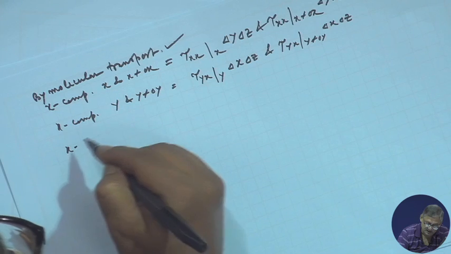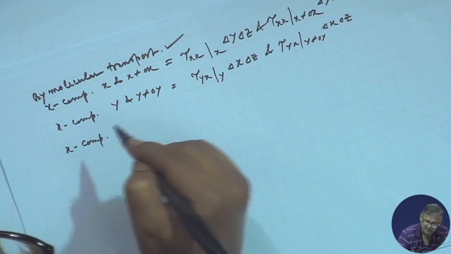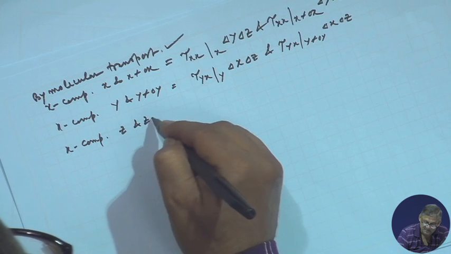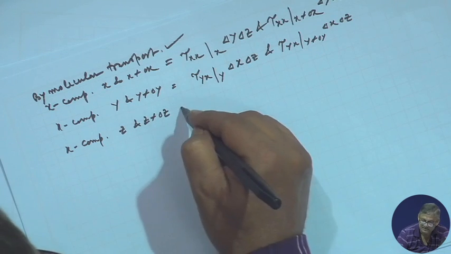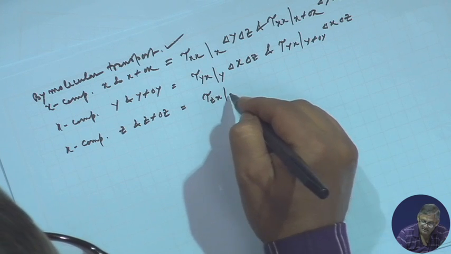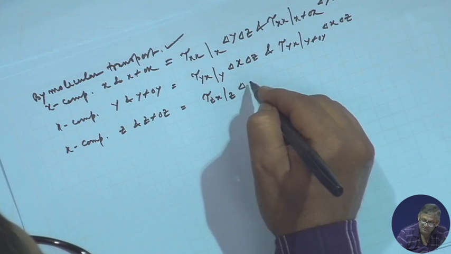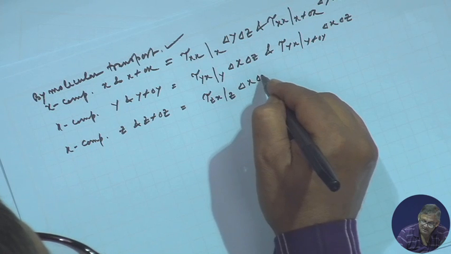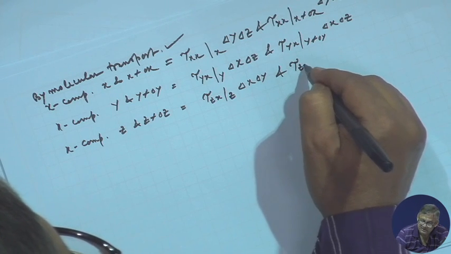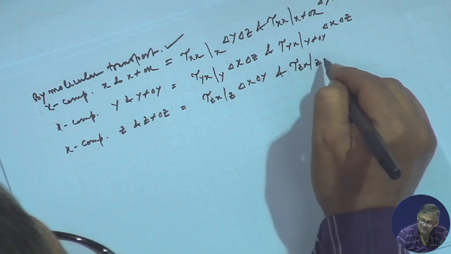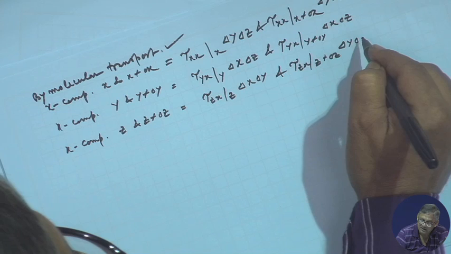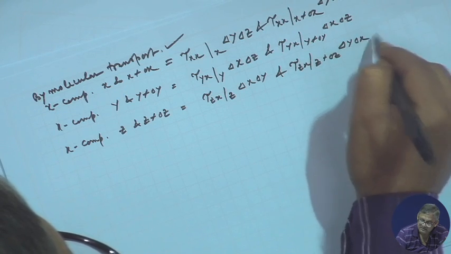Similarly, we can write the x component of the momentum acting in the z and z plus delta z direction as tau zx at z into the area del x del y, and for the other face tau zx at z plus delta z into del y del x, right.